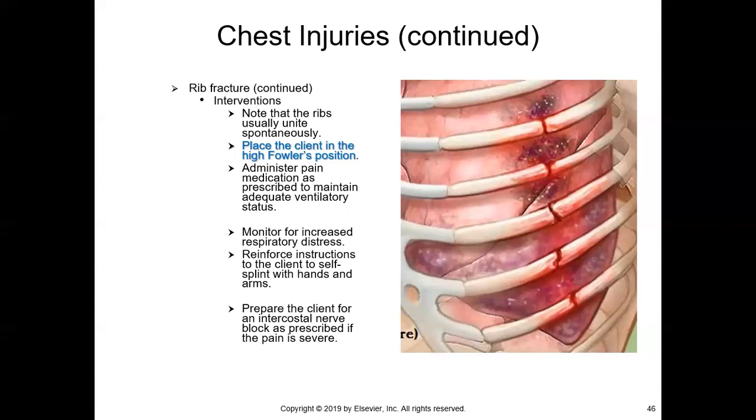Administer pain medication as prescribed to maintain adequate ventilatory status. Monitor for increased respiratory distress. Also reinforce and educate your client to self-splint with hands and arms, or prepare the client for an intercostal nerve block as prescribed if the pain is very severe.